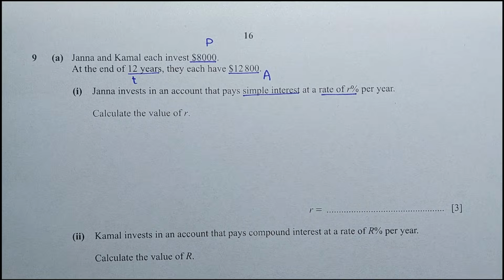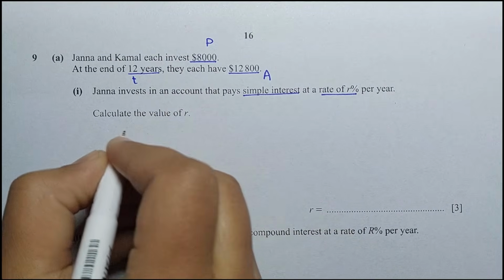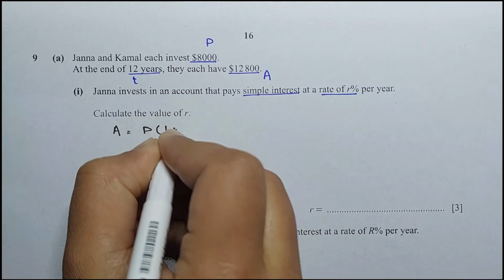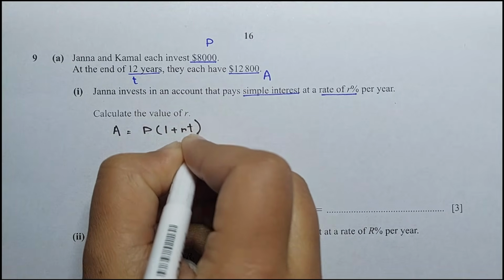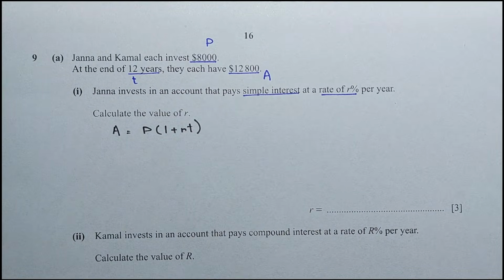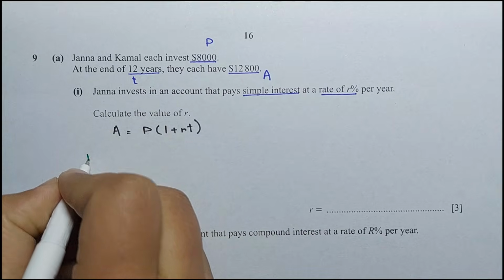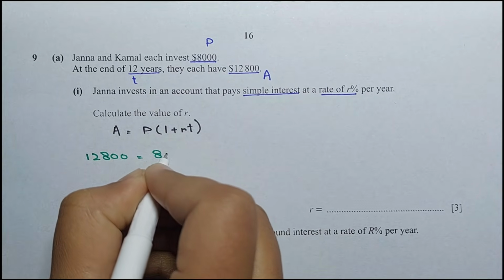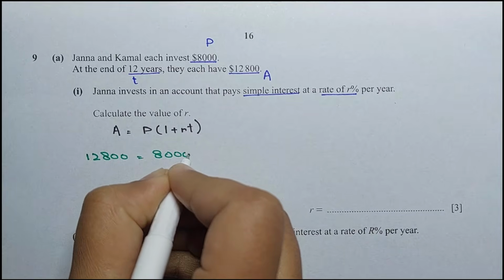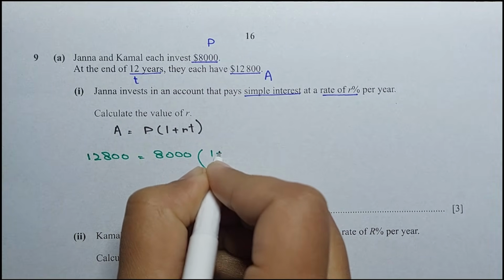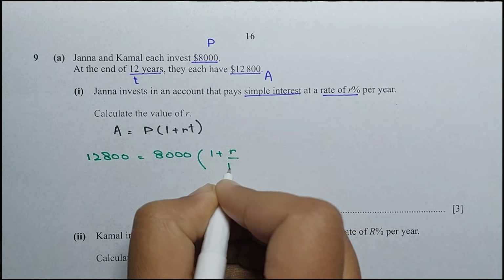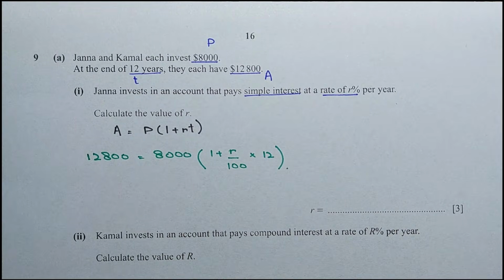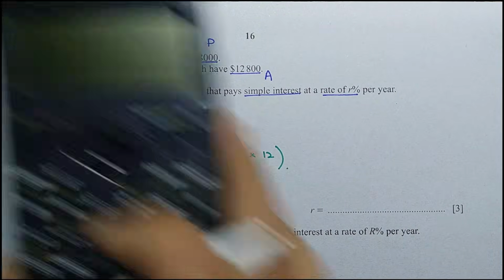It's a simple interest. So use the formula for simple interest, which is A equals to P into 1 plus the interest rate into T. Right. All right, so amount is 12,800. Investment is 8,000 into 1 plus interest rate is R over 100. Time is 12 years. Okay, just simplify, you will get the answers.